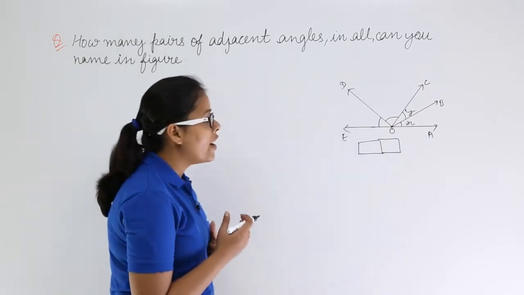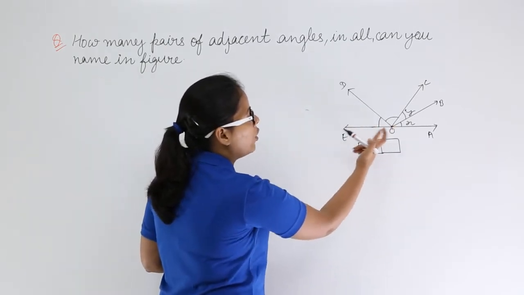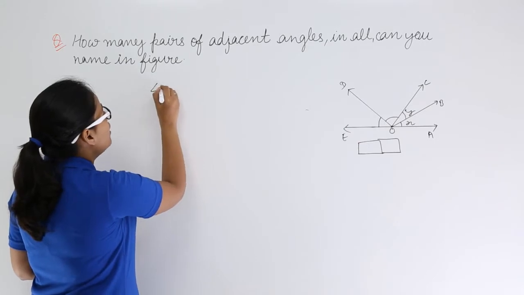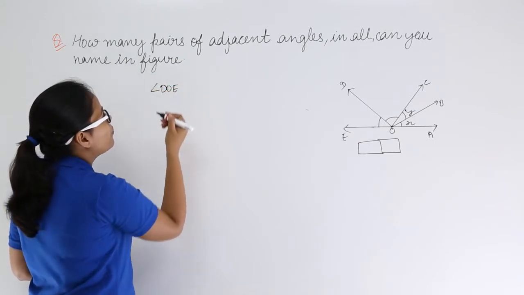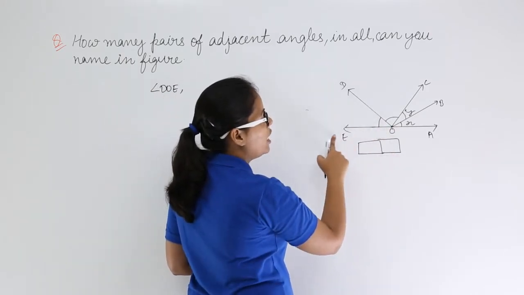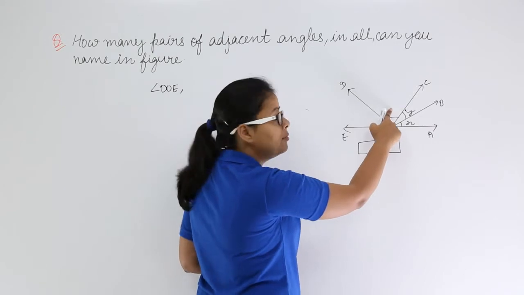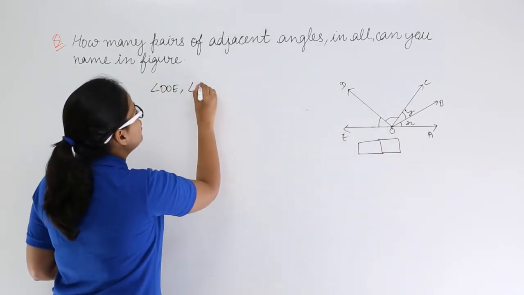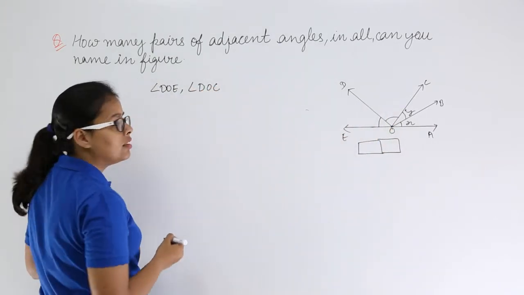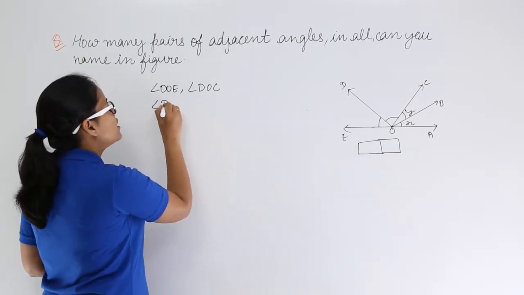So now let's find out all those angles. Here, angle DOE is adjacent with angle DOC. These two angles are adjacent to each other. Now, angle DOE, again take the same angle.